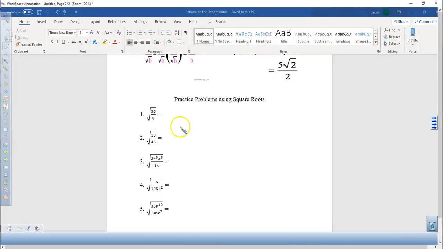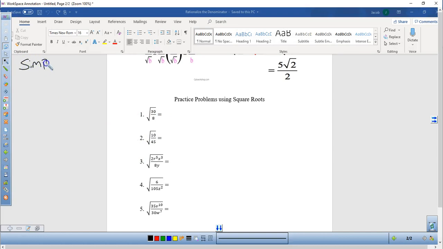let's go on to the next one. I'm going to go through simplifying first. So the square root of 10 over 45. I'm looking for what number will divide into both of these, 10 and 45. Right off the bat, I know that 10 is divisible by 5 and 45 is divisible by 5. So start simple.